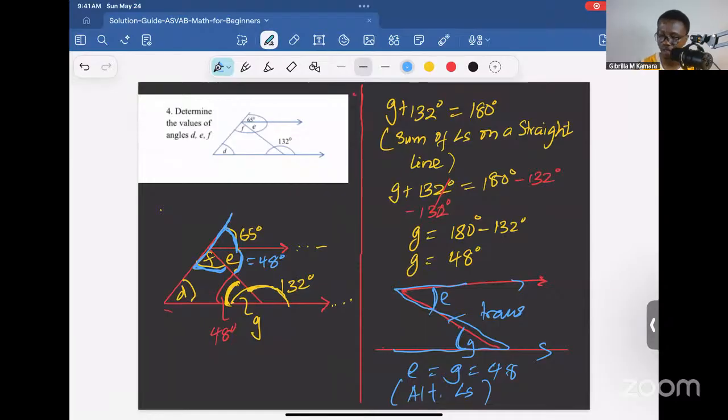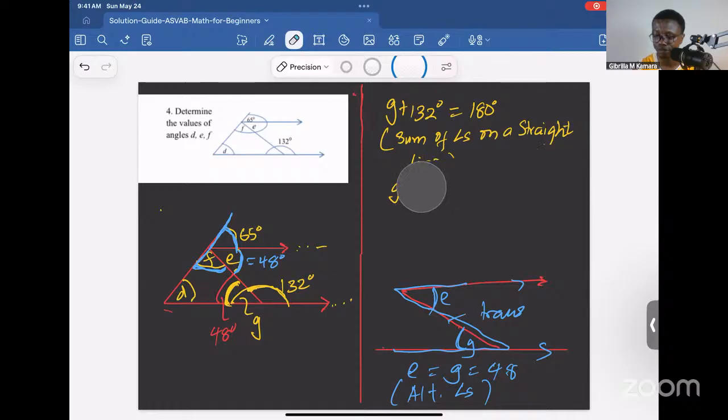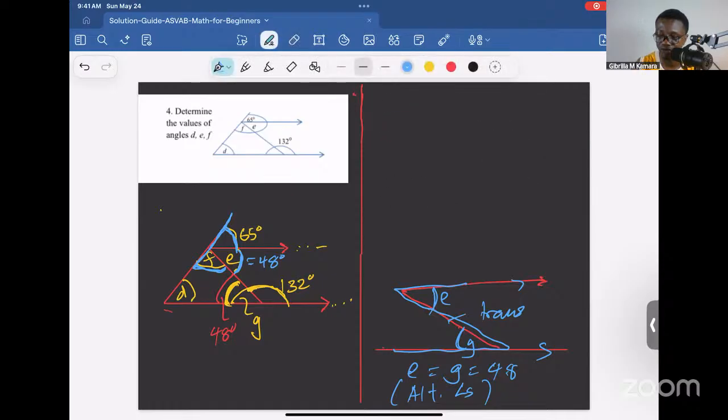Okay. So let's just do that. We can say F plus E plus 65 degrees equals 180 degrees.